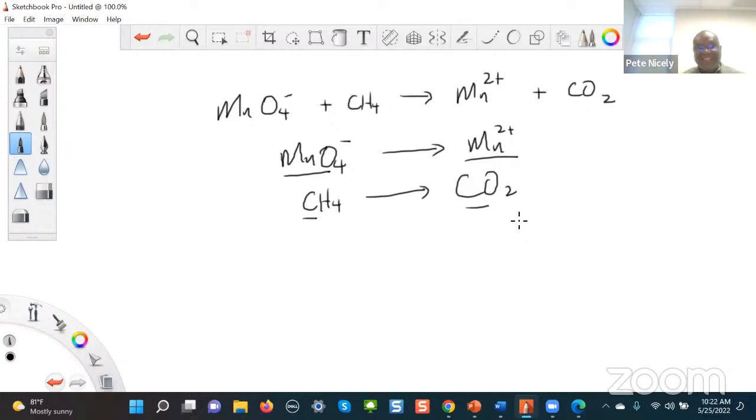Okay, so how do we achieve that? Well, we have 4 oxygens here, and we have none on the right side. So what do we add, and to which side do we add it? We add it to the right side, 4 H2O.